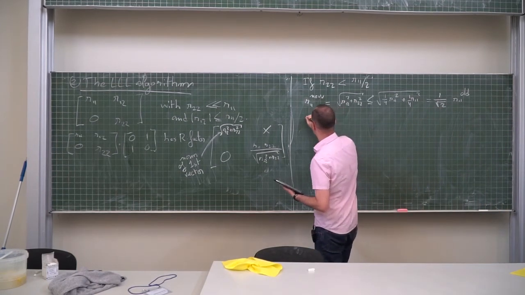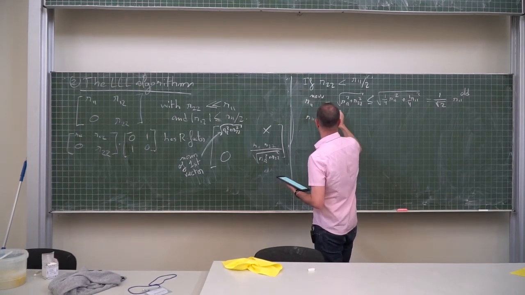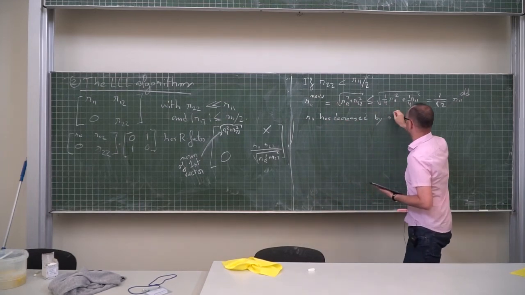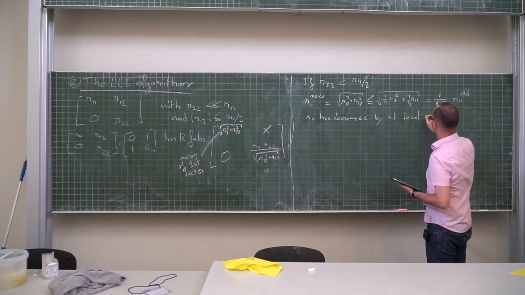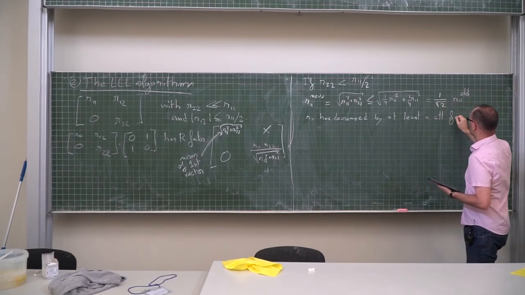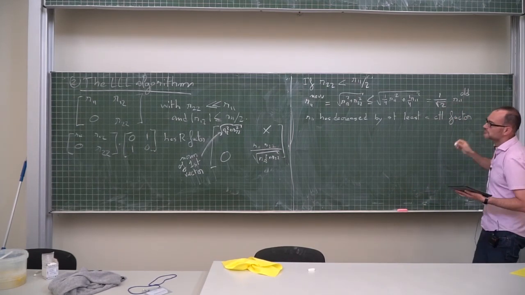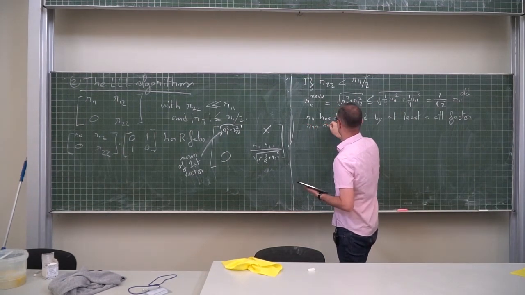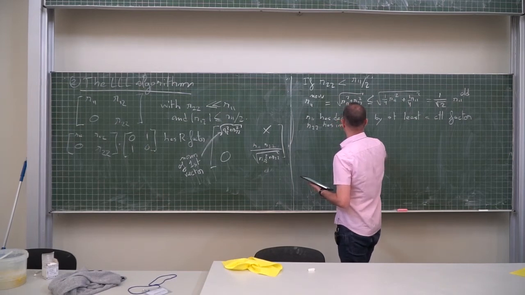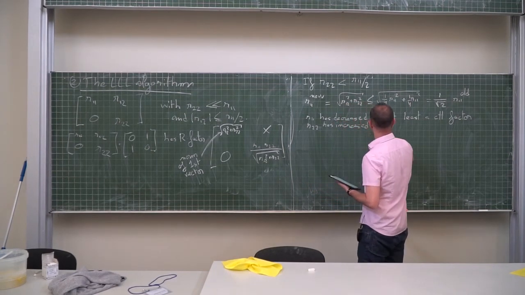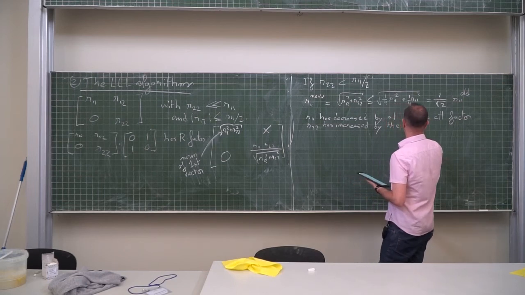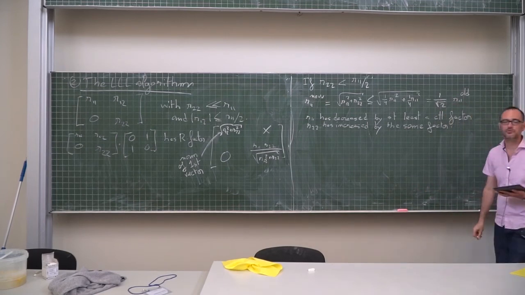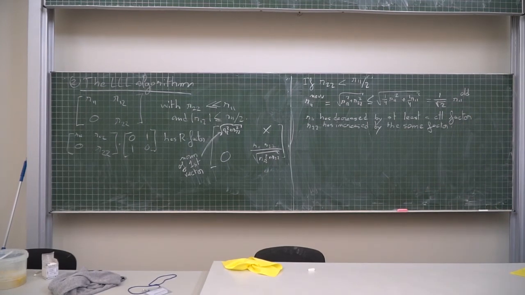R11 has decreased by at least a constant factor, and R22 has increased by the same amount. So they are more balanced, and I'm happy.